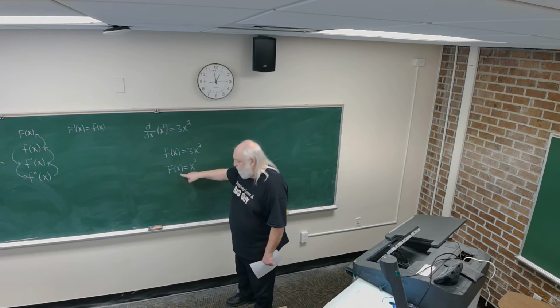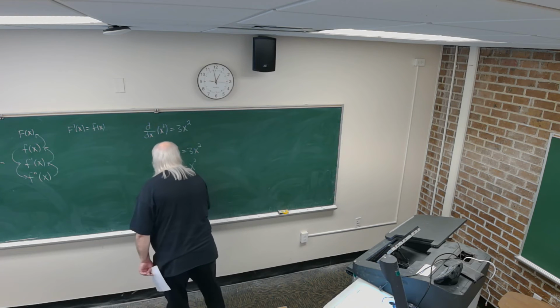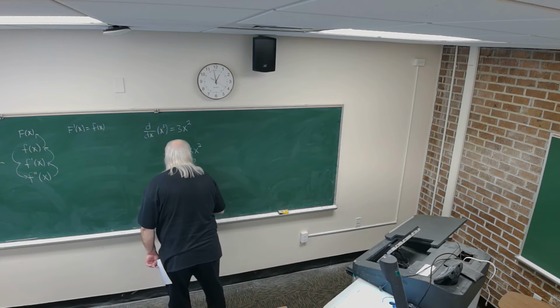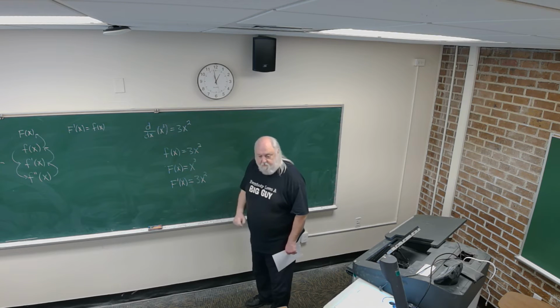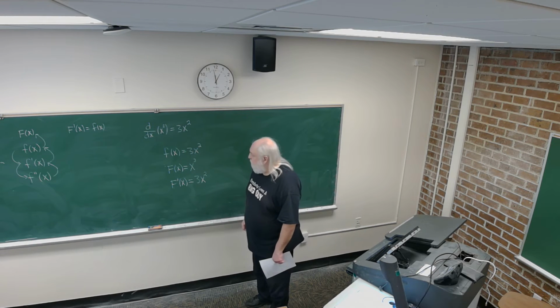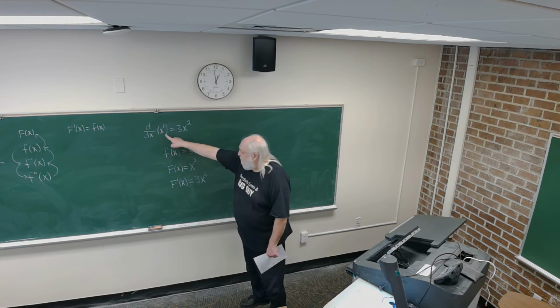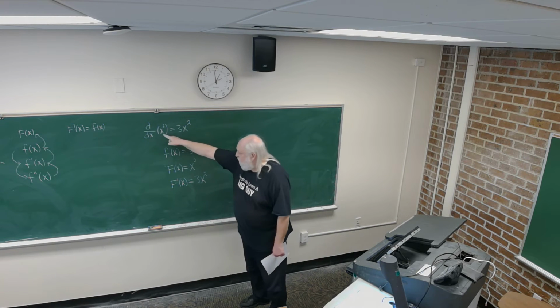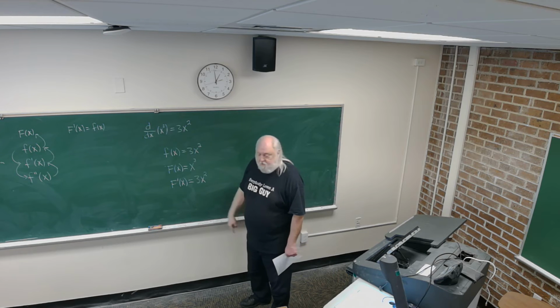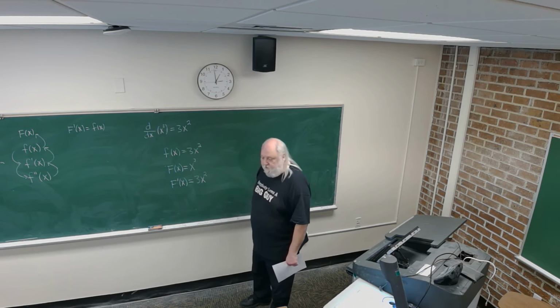And so if I differentiate big F, I have big F prime of x equal to 3x squared, which is equal to little f. So the derivative of x cubed with respect to x is equal to 3x squared, and so an antiderivative of 3x squared is x cubed.